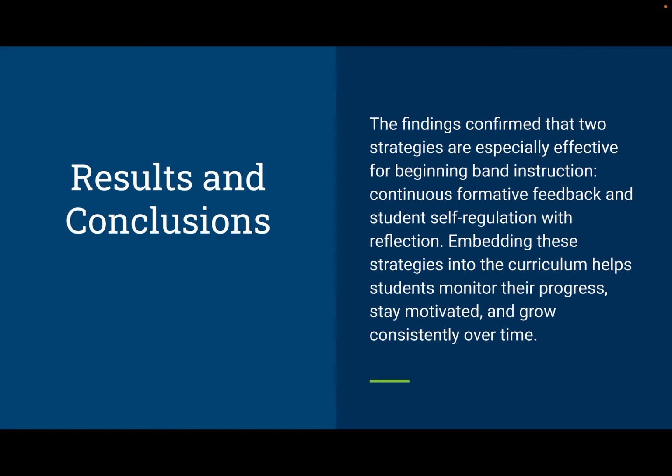Embedding these strategies into the curriculum guide allows teachers to provide structured feedback while also empowering students to monitor their own progress. This combination helps create a classroom where growth is consistent, meaningful, and student-centered.